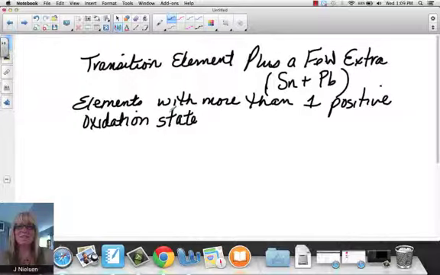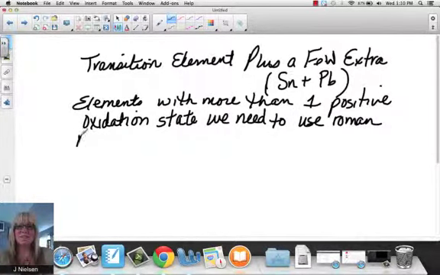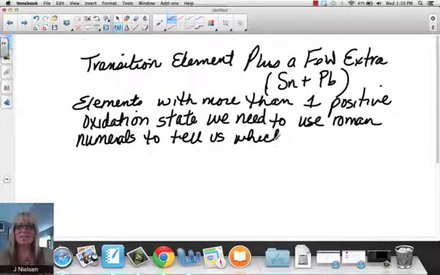And Fe is +2 and +3, and copper is +1 and +2. So anytime you're going to have an element with more than one positive oxidation state, we need to use Roman numerals to tell us which state was used.